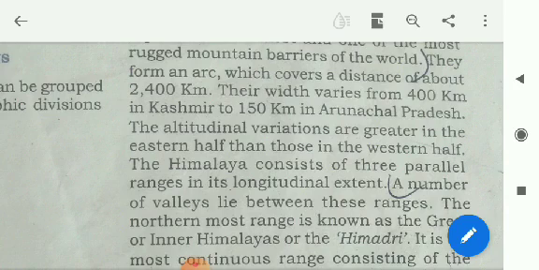They form an arc which covers a distance of about 2,400 kilometers. Their width varies from 400 kilometers in Kashmir to 150 kilometers in Arunachal Pradesh.